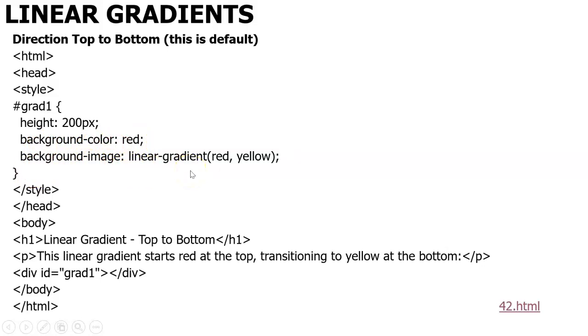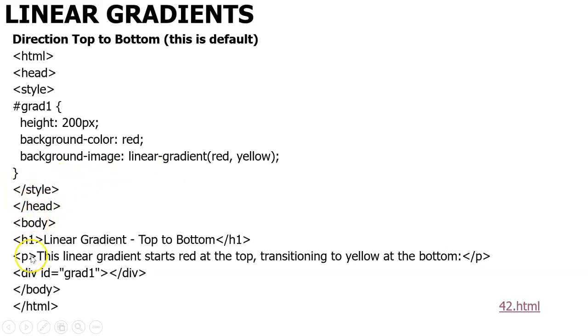I'm going to apply linear-gradient, which is a keyword, and from red to yellow I want the linear transition. So the color will transition from red to yellow from top to bottom. Ending up with my style and also closing my head part.